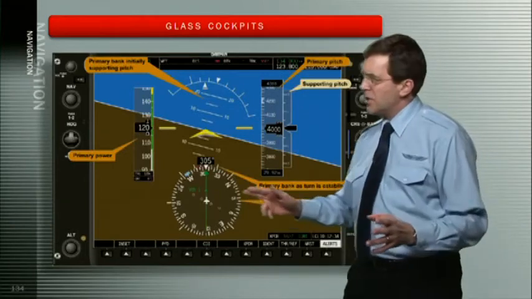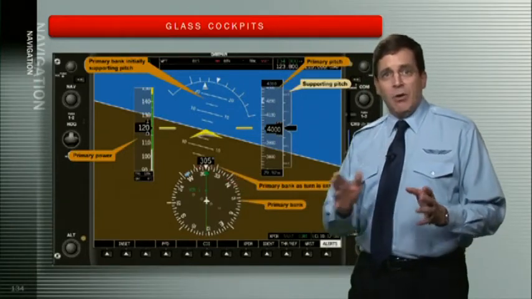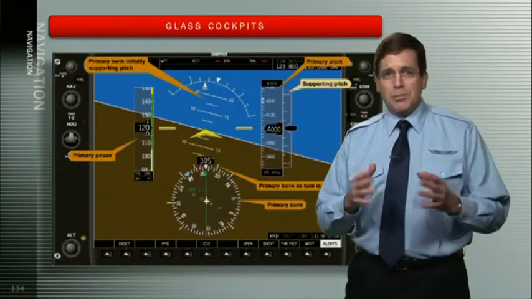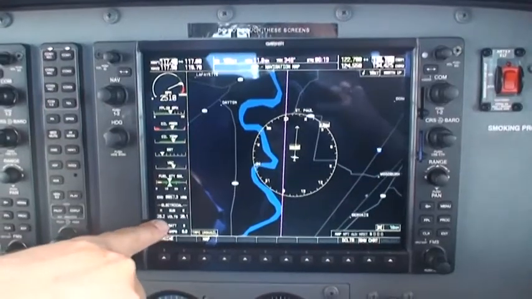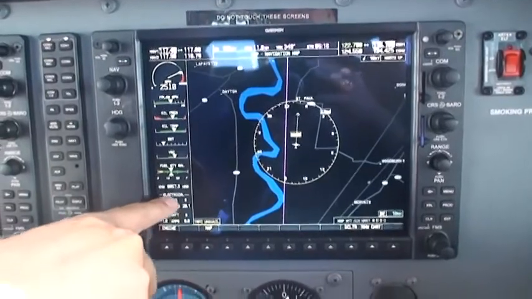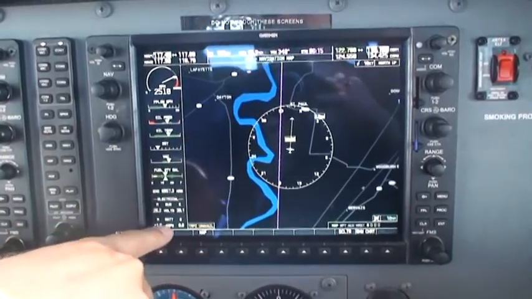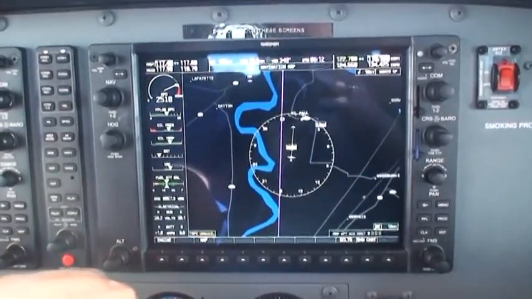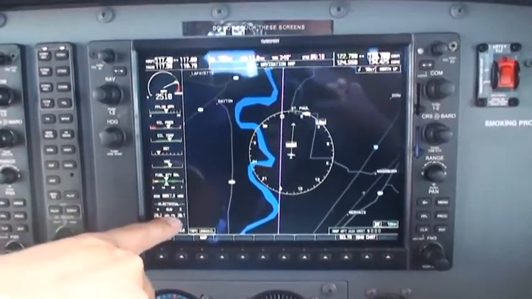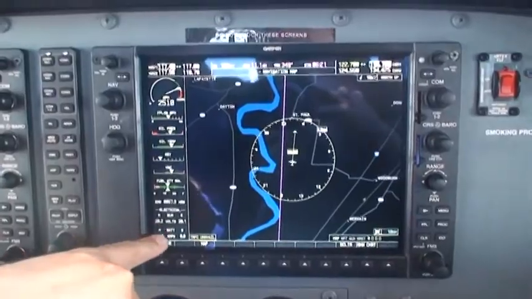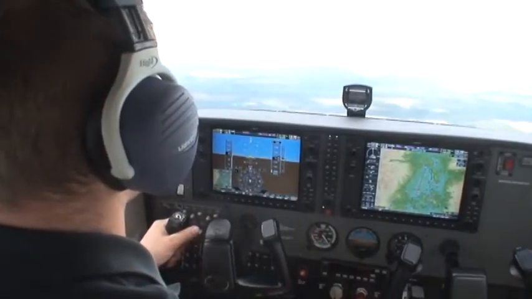To the bottom center is heading information and often HSI information superimposed on the heading indicator display. To the right side of the instrument panel in a typical general aviation layout is an ND, or navigational display, featuring terrain map information, GPS information, and programmable features to allow you to navigate with electronic chart displays.